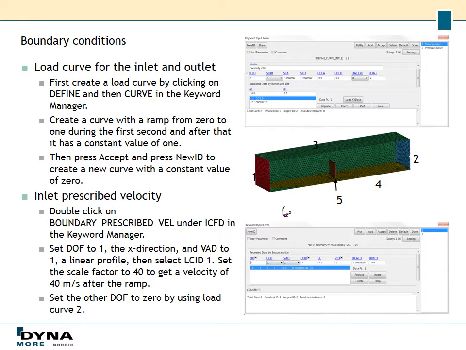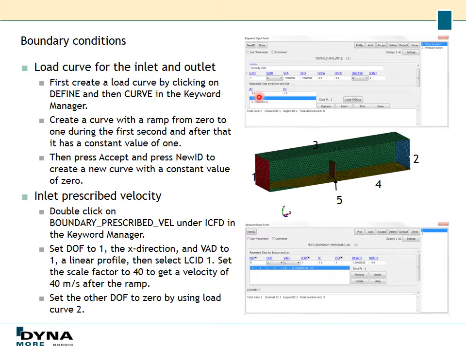Now we're going to define the inlet condition, and we're going to use eCFD boundary prescribed vel, and it requires a load curve, so we're going to start with the load curve by using define curve, and then we're going to use a ramp, so between 0 and 1 second the velocity will be ramped from 0 to 1, and then after that it will have a constant value of 1.